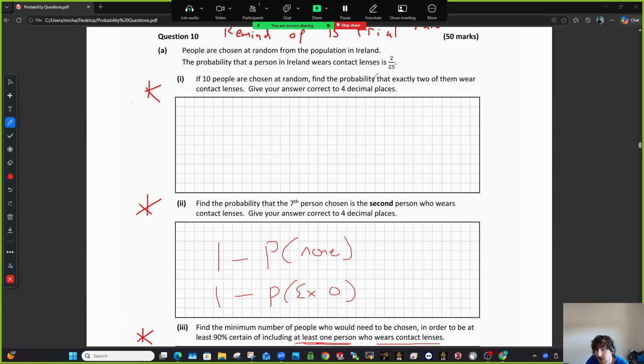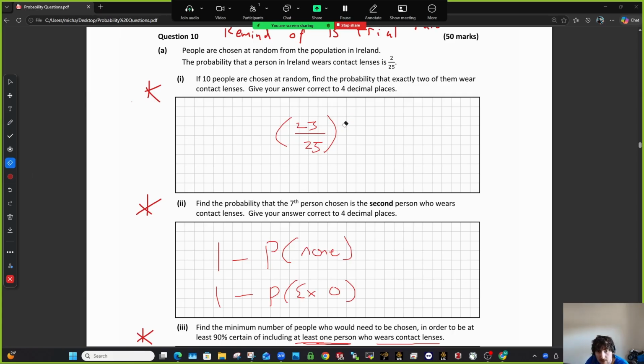Say if you had 5 people that don't wear contact lenses, right? That's 23 over 25 to the power 5. You picked 5 people at random, and all 5 of them didn't wear contact lenses. It's as simple as that. He didn't wear them, and he didn't wear them. You're just multiplying 23 over 25 by itself 5 times, right?